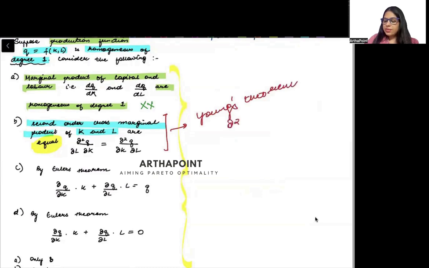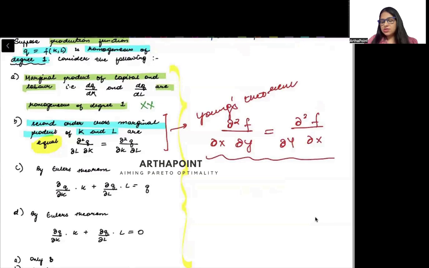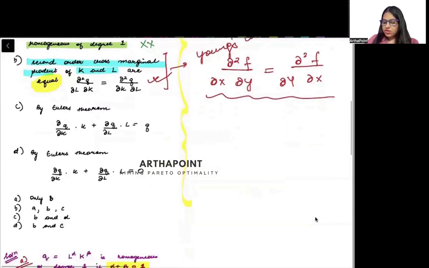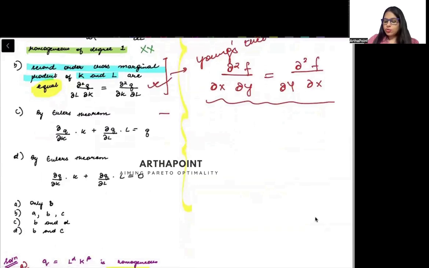It says that if I double differentiate a function once with respect to x and once with respect to y, or I first differentiate with respect to x and then y, or first y and then x, you will get the same answer. This is Young's theorem. So this part is correct. So B is correct.